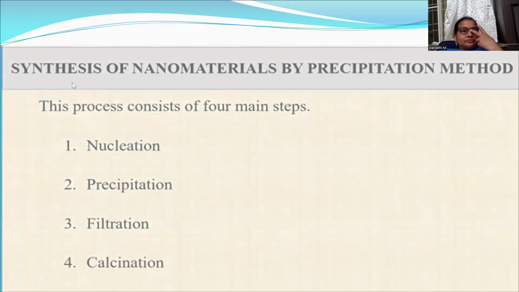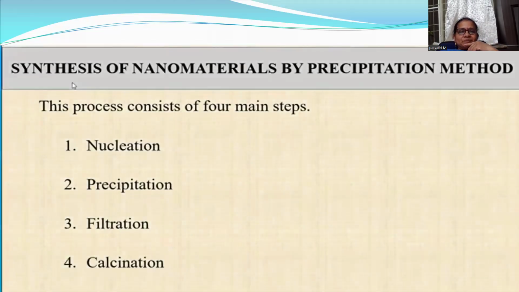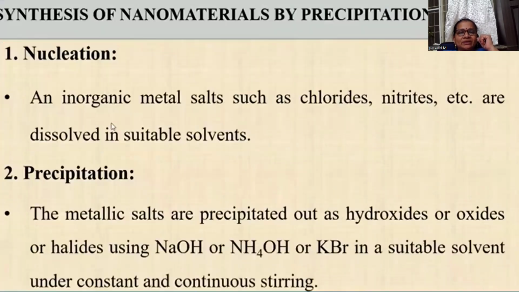Now, the synthesis by precipitation requires four steps, which are nucleation, precipitation, filtration, and calcination. So, what is nucleation? Inorganic metal salts such as chlorides, nitrates, etc., are dissolved in suitable solvents. Precipitation means metallic salts are precipitated out as hydroxides, oxides, or halides using NaOH, NH4OH, or potassium bromide in a suitable solvent under constant and continuous stirring.